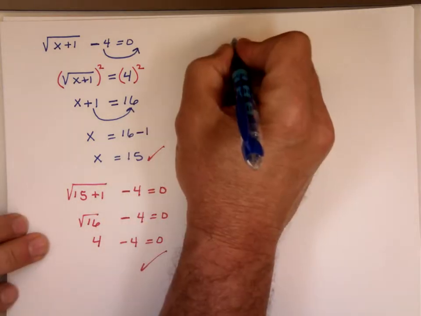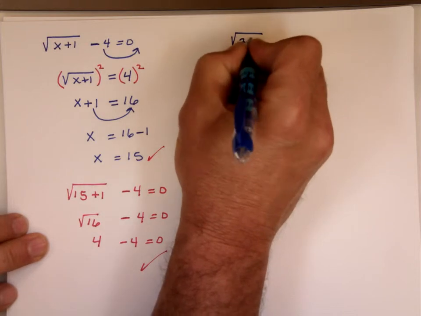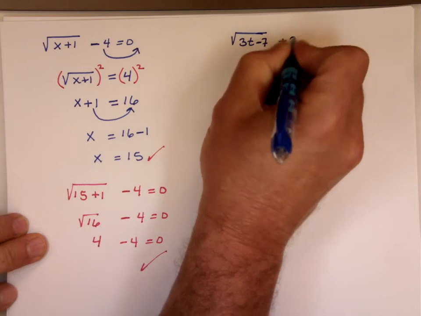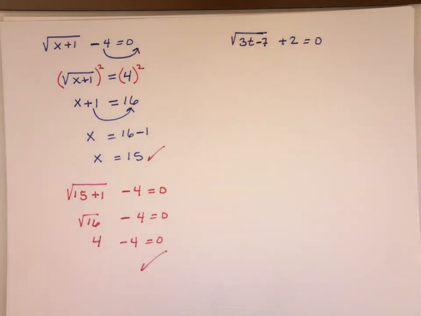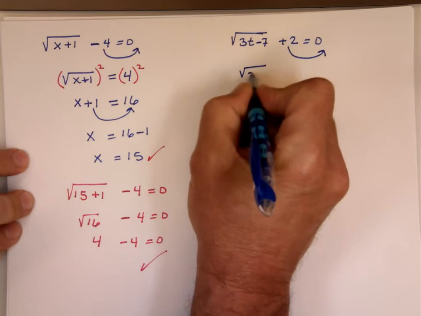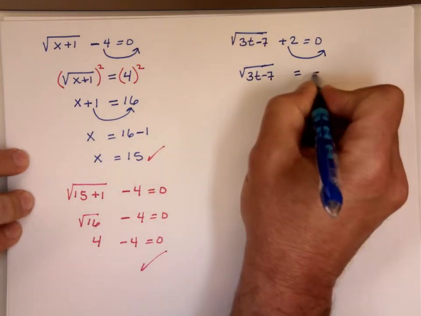Now let's try one where there might be a little problem. Isolate the square root. Bring the plus 2 over. So you have the square root of 3t minus 7 equals a negative 2.